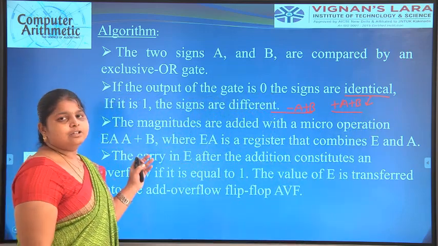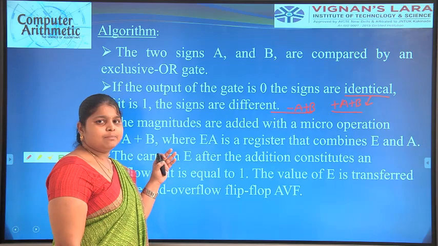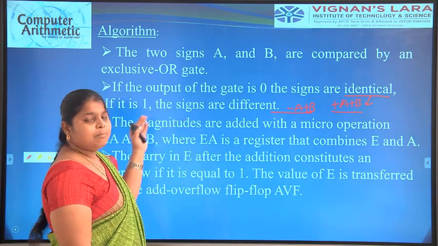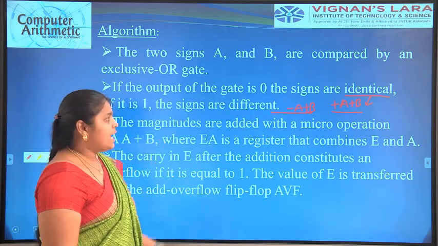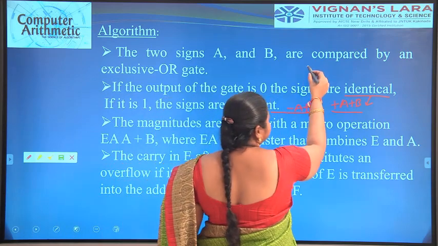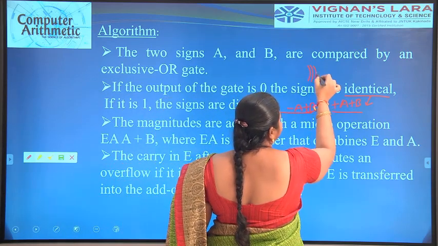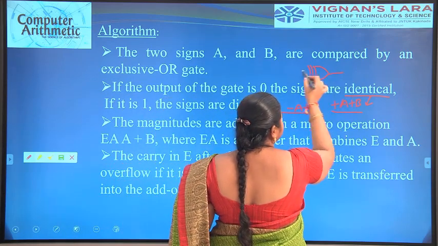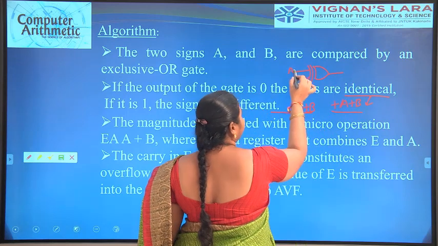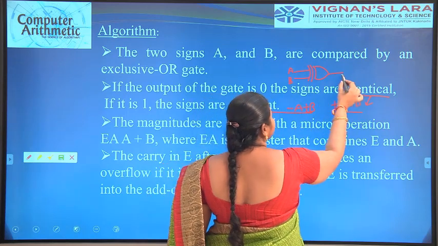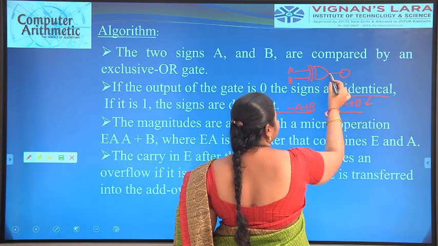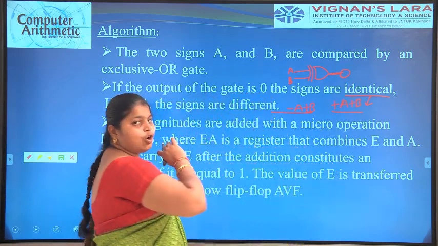Both values, in addition and subtraction, we have to take both operands as A and B by using the XOR gate. We discussed the XOR gate in the previous class. The XOR gate is like this. The inputs are A and B. The resultant final output can be obtained by using the exclusive OR gate.